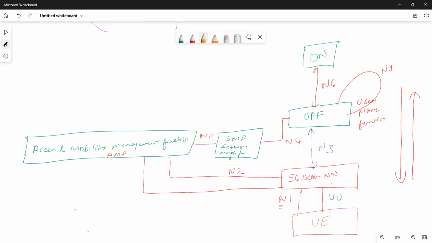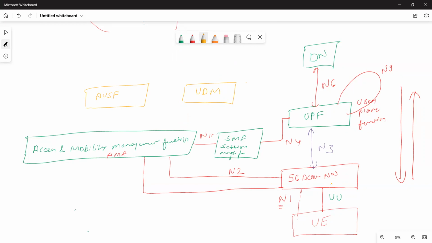Further moving, we have AUSF and UDM also there. I'm gonna draw AUSF here. AUSF is nothing but your authentication server function, which is used for authentication, and you have UDM also there. UDM is nothing but unified data management.